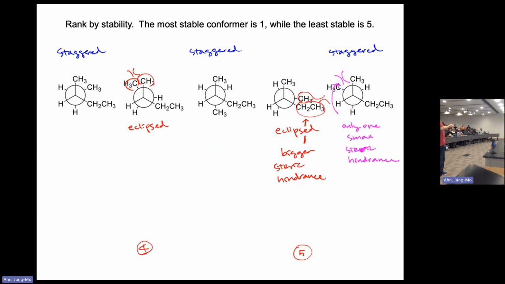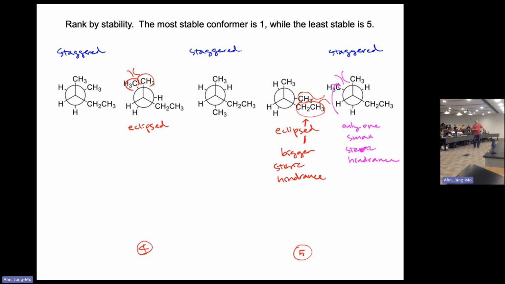Oh, okay, sorry. Let's talk about this one first. This one, there's a CH3. That's the methyl group here, methyl and ethyl. Which one's the biggest? Ethyl is the biggest on the front carbon. And then which one's the biggest on the back carbon? Methyl is the biggest. So in a way, that achieves an anti-conformation, if you're considering only the biggest substituent at each carbon.